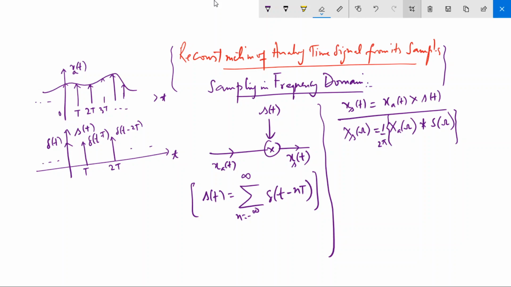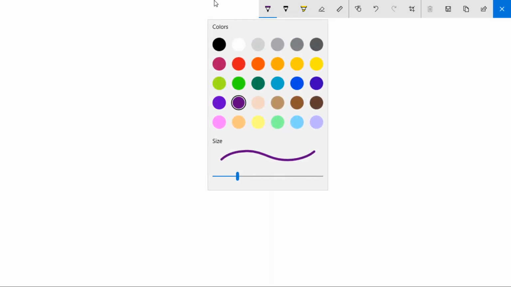Let me start from a new page. What we have taken is xs(t), the sampled version, as xa(t), the analog signal, multiplied with s(t), the impulse train, and in the frequency domain the Fourier transforms of these two signals get convolved, with a scaling factor of 1 by 2 pi.